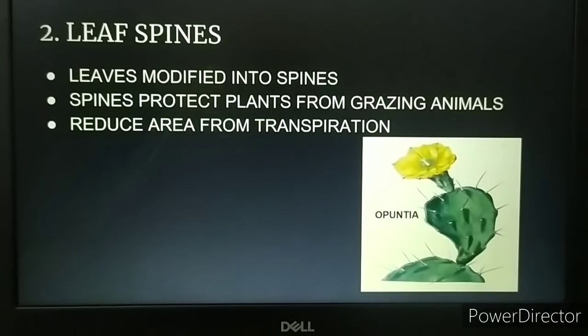That is, they modify for defensive purpose. The spines are hard, as you can see in the module. The spines are hard, pointed, sharp, needle-like structures.